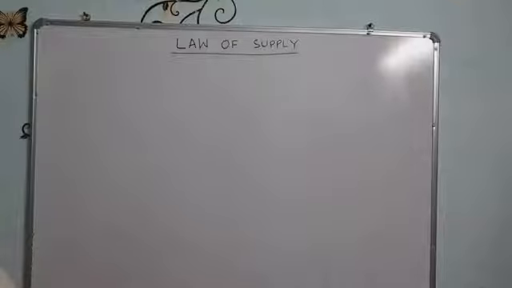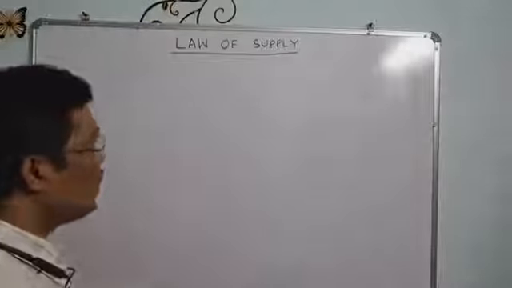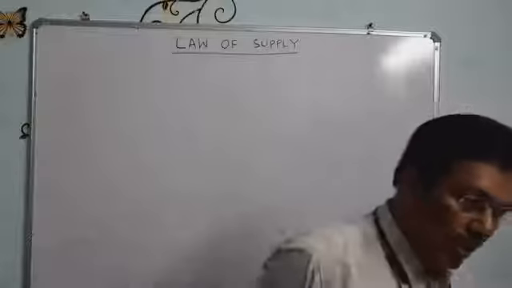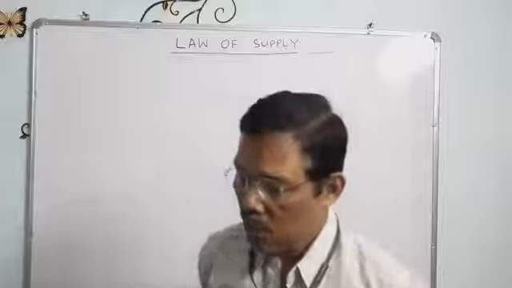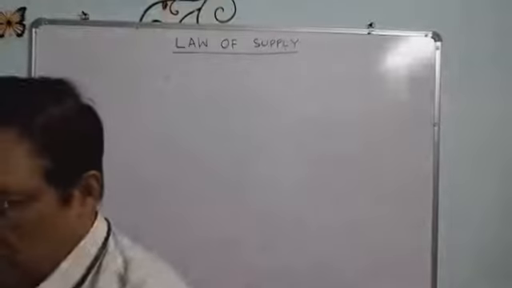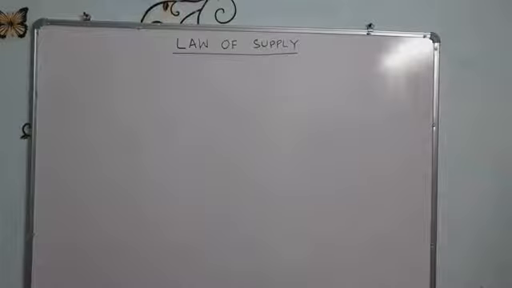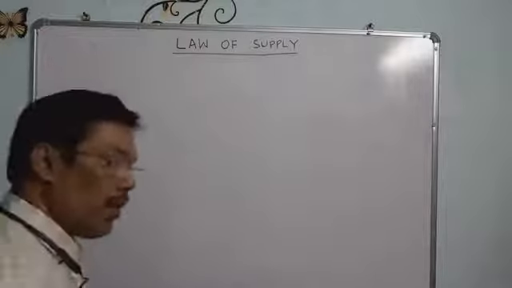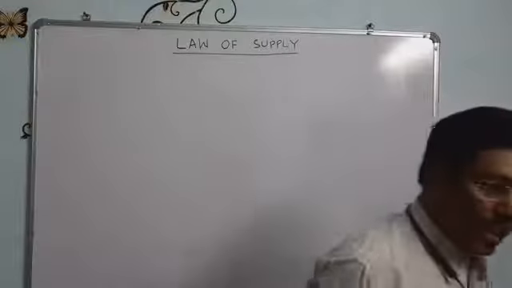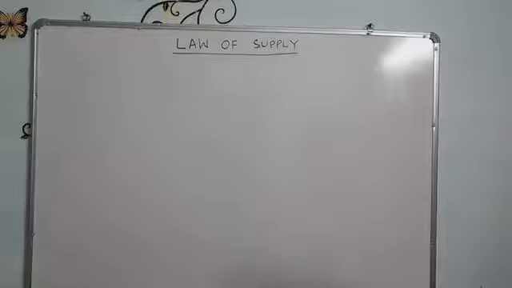We have already known the law of demand. What is the law of demand? Other things being equal, there is an inverse relationship between price of a goods and quantity demanded of that goods. That goods must be a normal goods at a given time. That is called the law of demand.